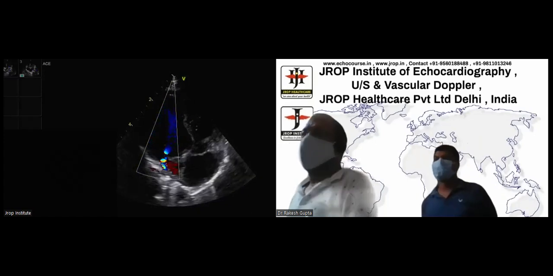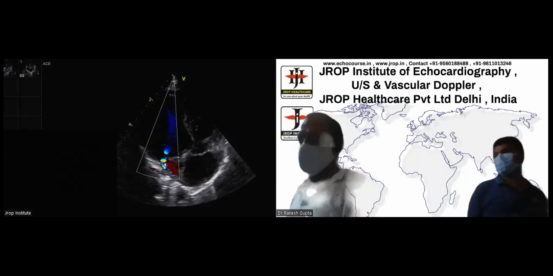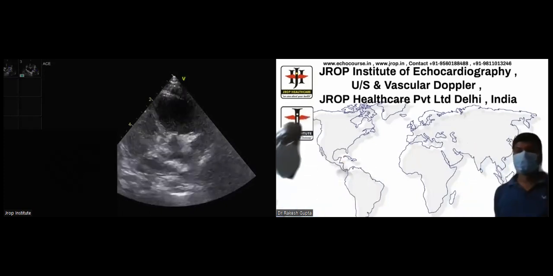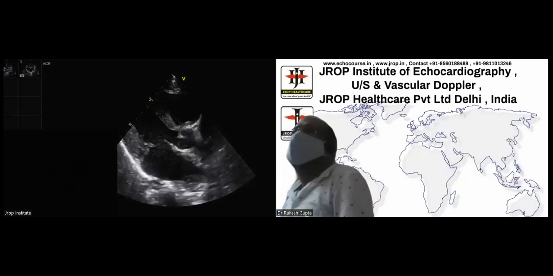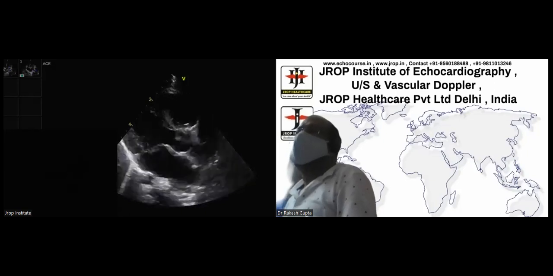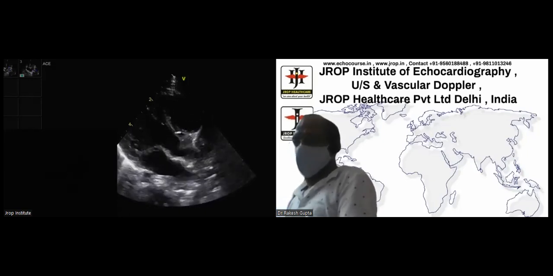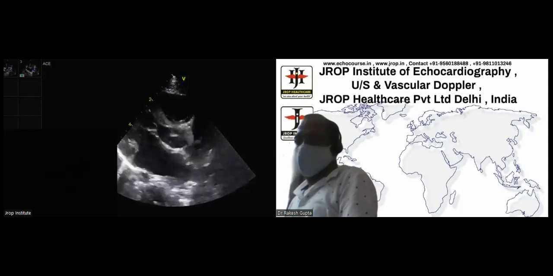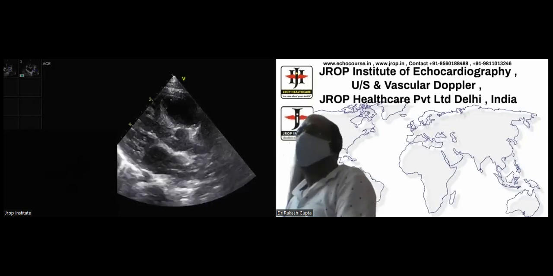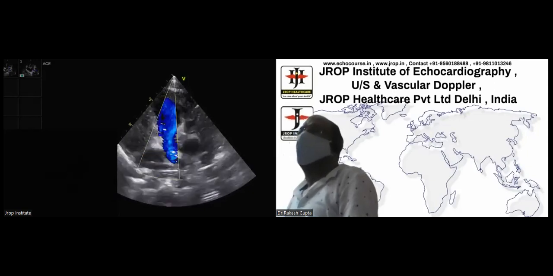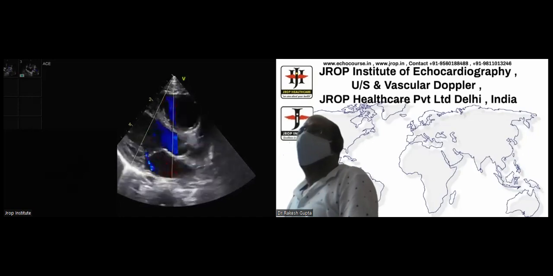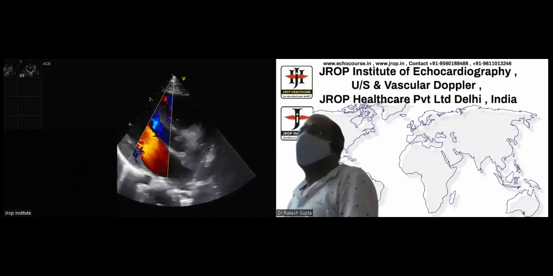Can you see this mitral regurgitation which is happening over here? So I'm not able to see any shunt till now. Jack up a little gain.